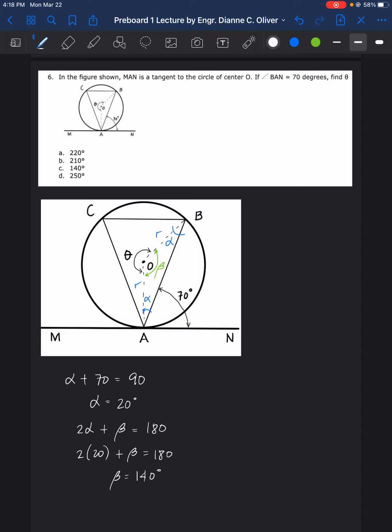If beta is equal to 140 degrees, we can now find theta because beta plus theta is equal to 360 degrees. 140 plus theta is equal to 360. Theta now is equal to 220 degrees. So the right answer here is letter A, 220 degrees. So that's for number 6.